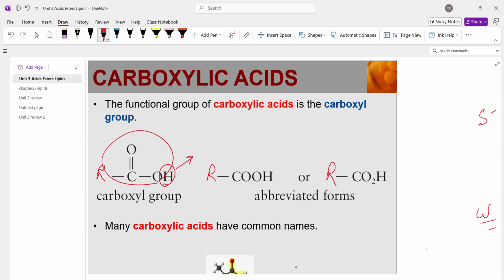Most of the time it's written like this, not like this.